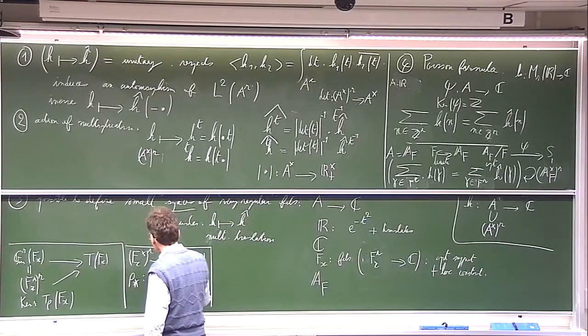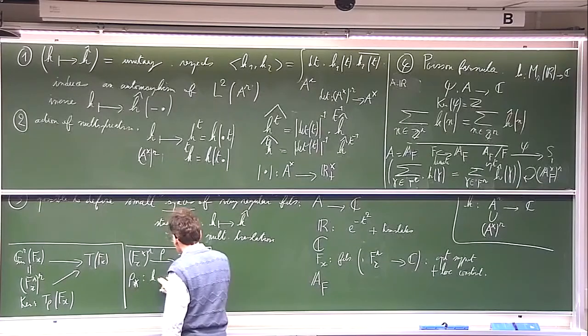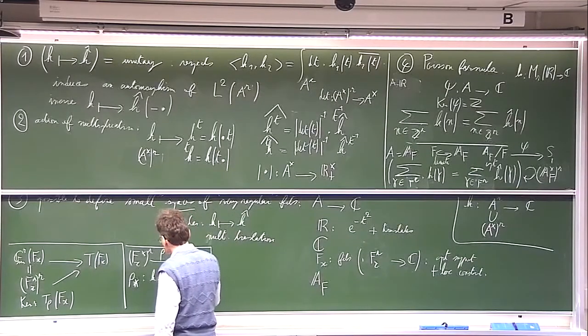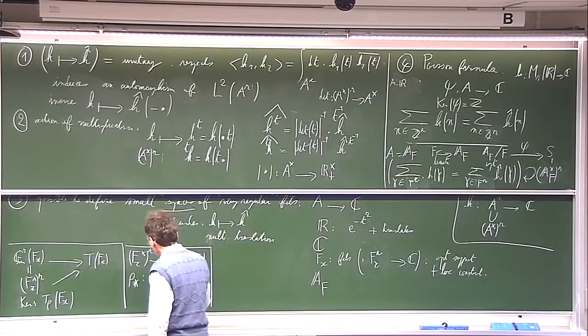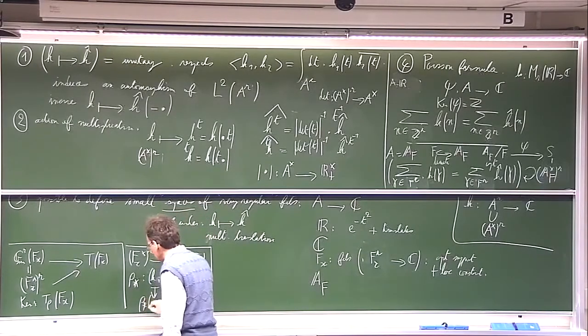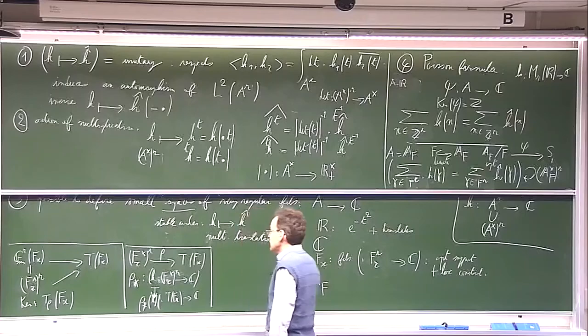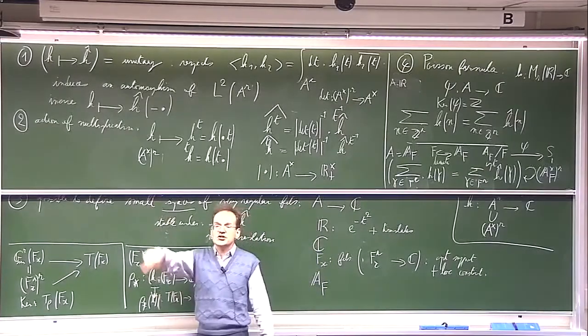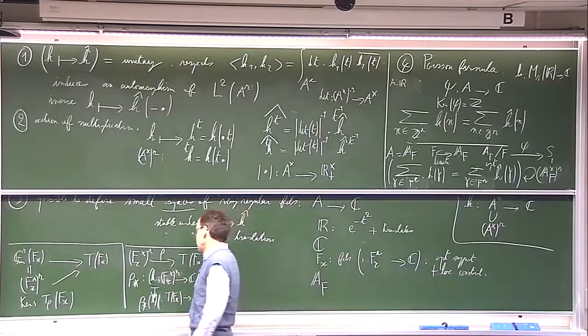It associates to any function h on Fx cross to the power r with values in C its direct image. So this is a function on T of Fx with values in C, which is defined by integration along the fibers, according to the invariant measure we choose.